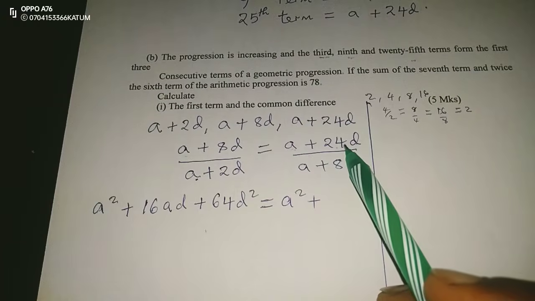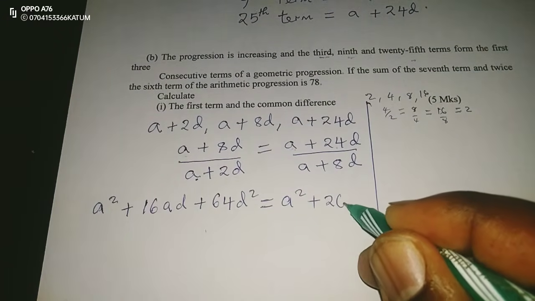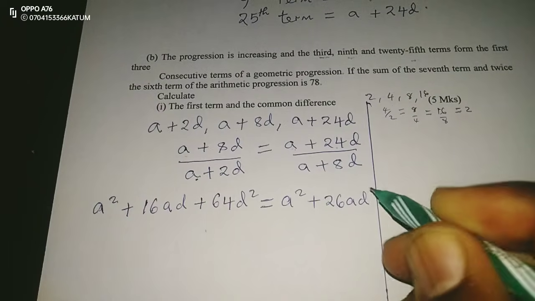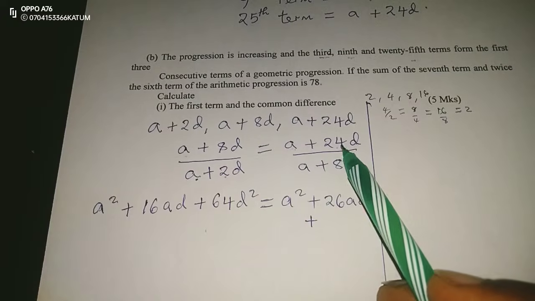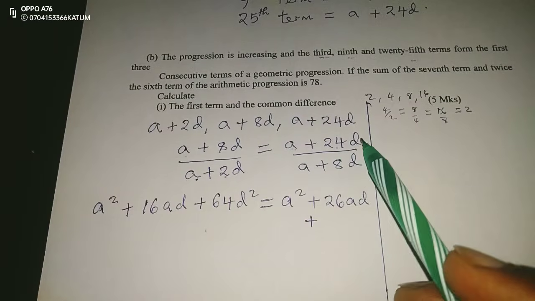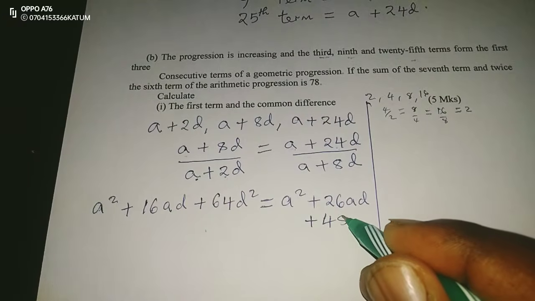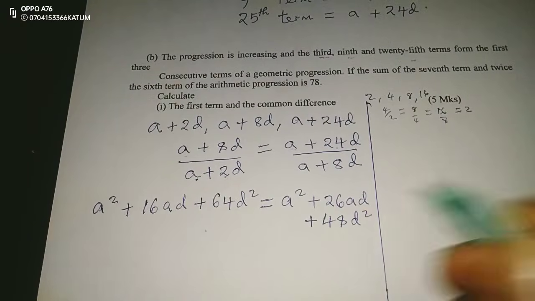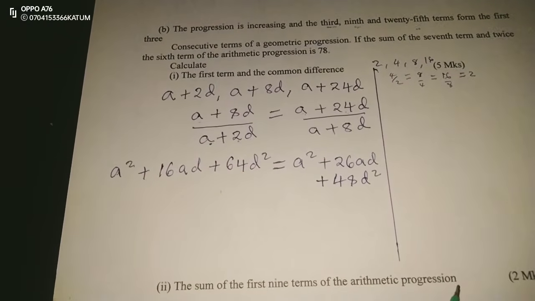So you realize we have 24AD and 2AD, making it 26AD. Then finally we'll have 2D times 24D, that becomes 48D squared.